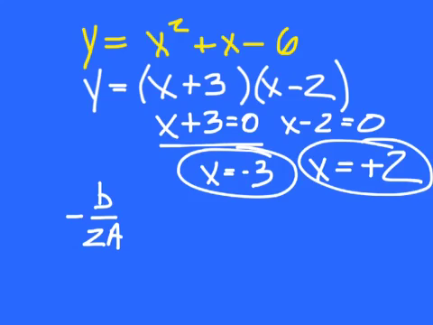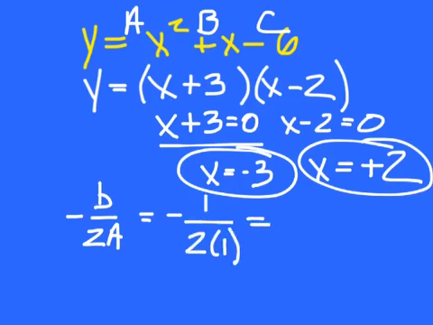So you would have to go back to the original problem up here and find out your a, b, and then your c. Your vertex will be negative b over 2a. So plug this in, and your b is 1, your a is 1, so you come up with a negative 1/2.